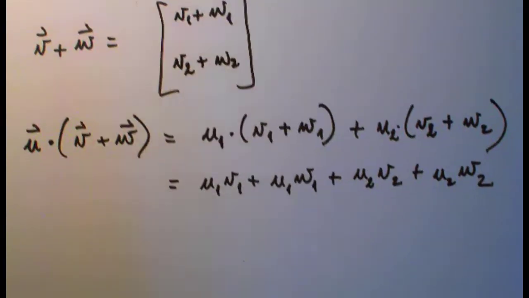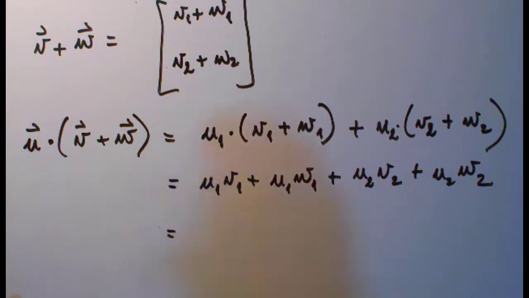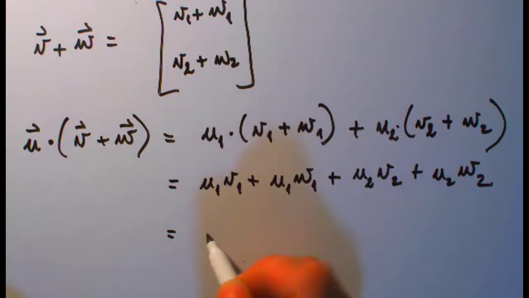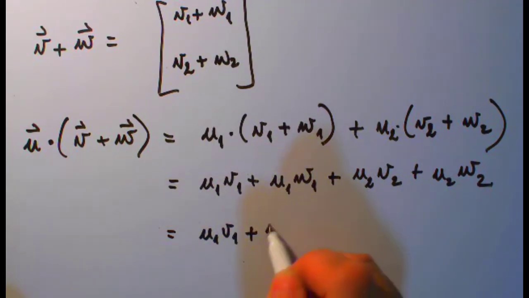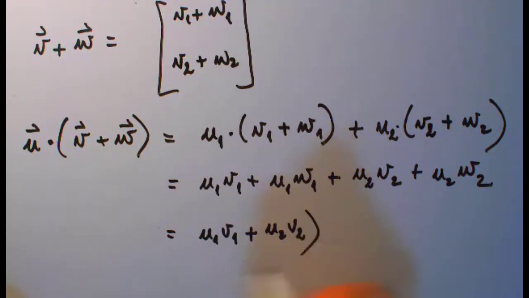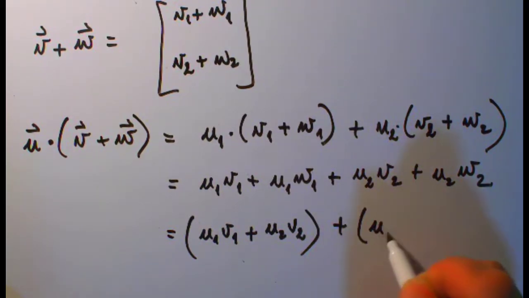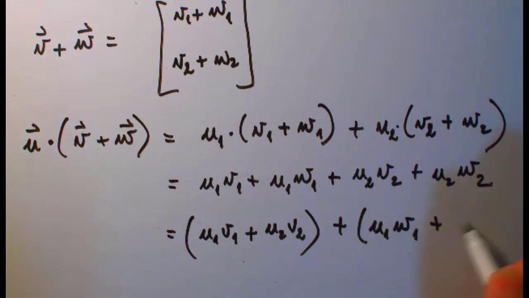In the next step, I am going to rearrange these terms in the following way. I'm going to group U1 V1 together with U2 V2, and I am going to group U1 W1 with U2 W2.